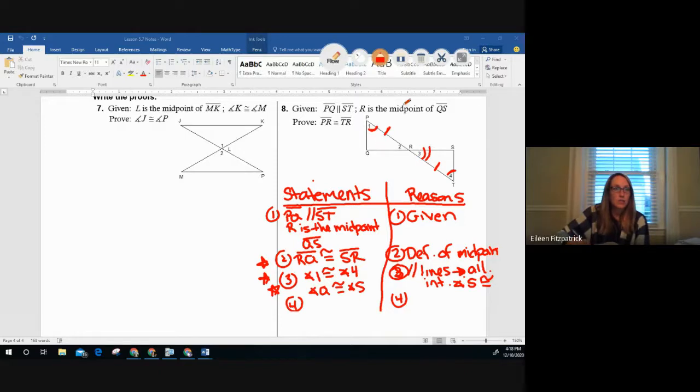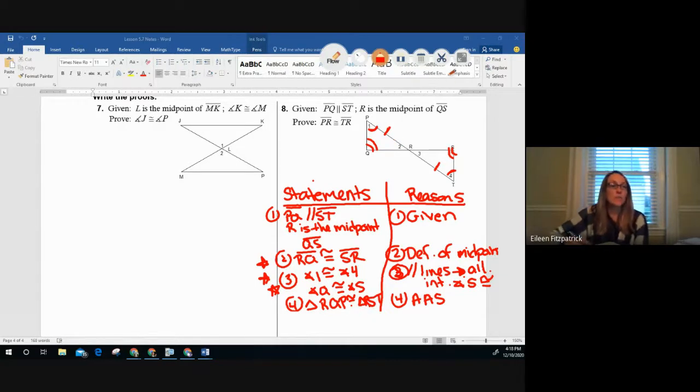Do I have enough information, as I'm trying to add all my markings back, to prove the triangles are congruent? You do, by angle, angle, side. So by angle, angle, side, you can say that triangle RQP is congruent to triangle RST.